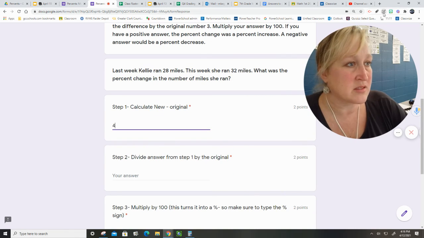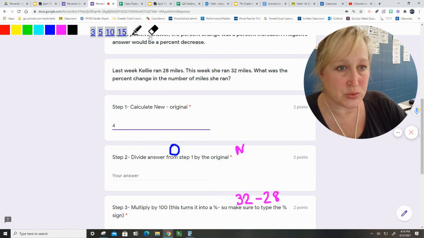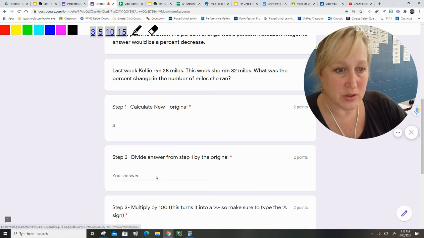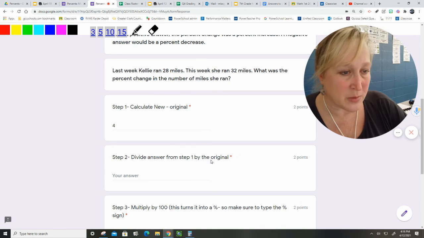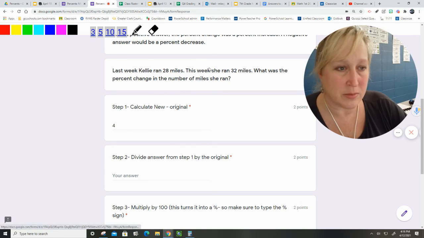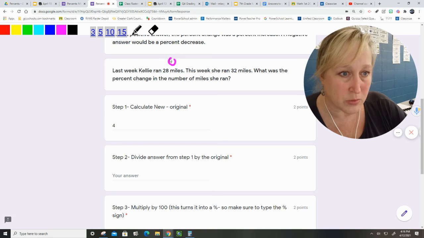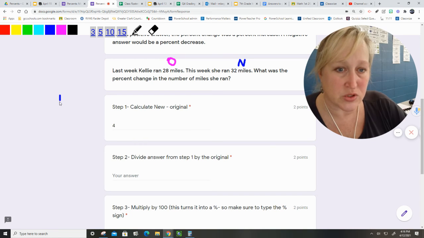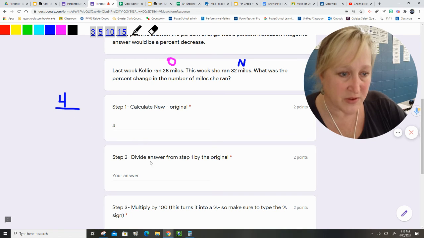Okay. The second step says to divide the answer from step 1 by the original. I'm going to need to relabel original, new. So divide the answer from step 1, which is 4, by the original, which is 28.